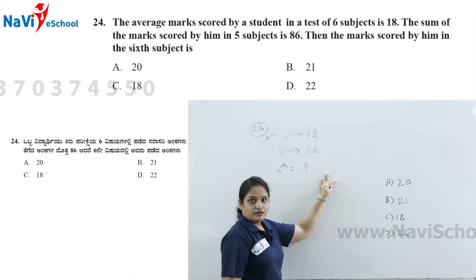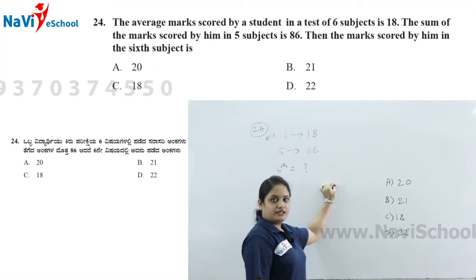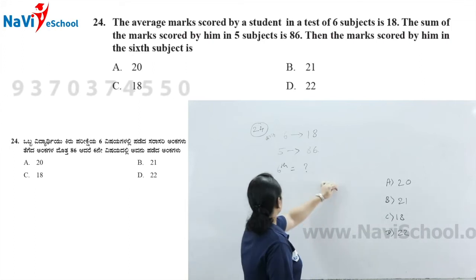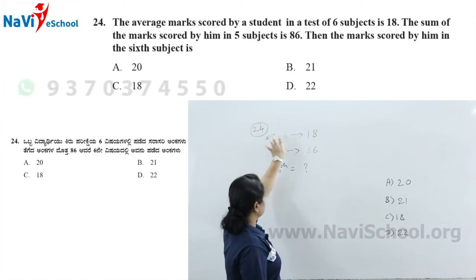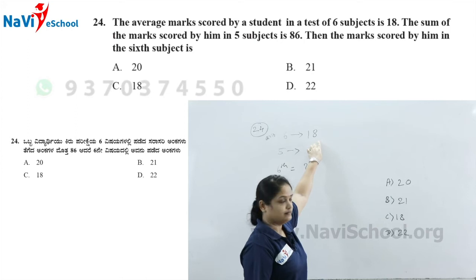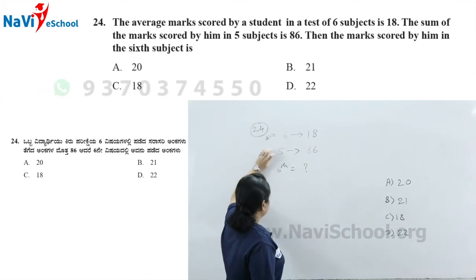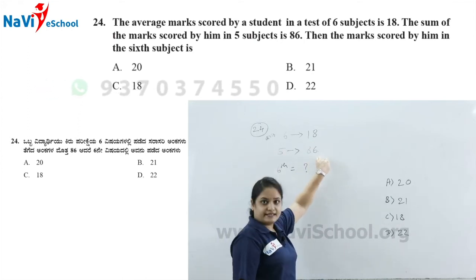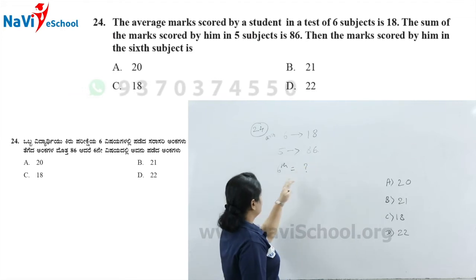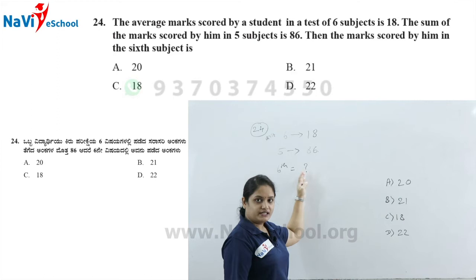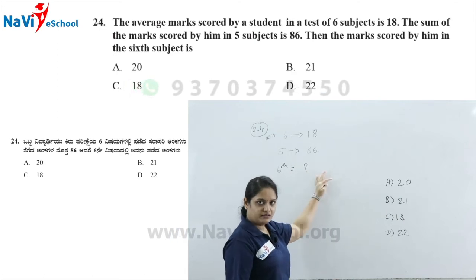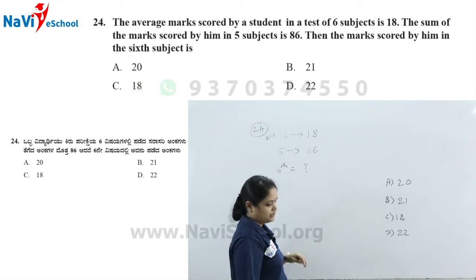Here, what have you understood from the question? Average marks for 6 subjects is 18, and for 5 subjects he scored 86 marks. So, what about the 6th subject? What is the mark for the 6th subject? That we have to find out.